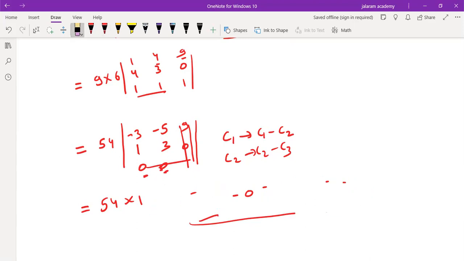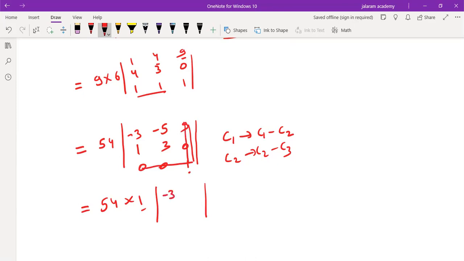So we will not write all these. Instead, we will write only the third element of this row, that is 1 into the determinant obtained by deleting the row of 1 and column of 1, that is minus 3 minus 5 1 and 3 only.